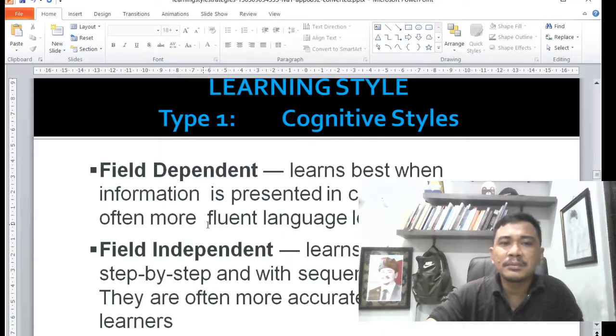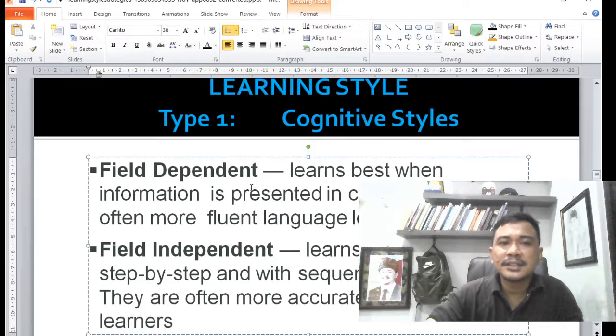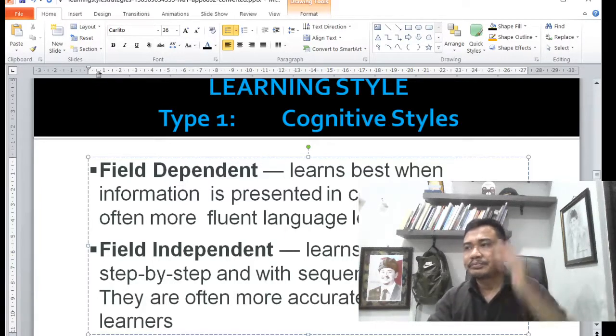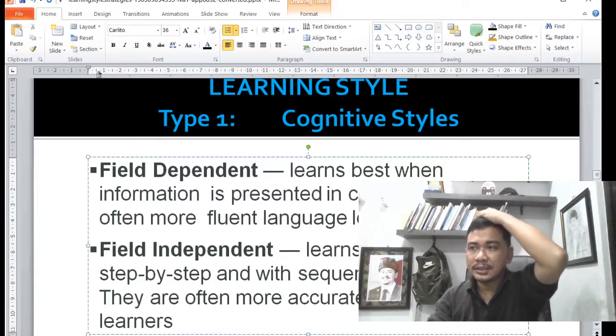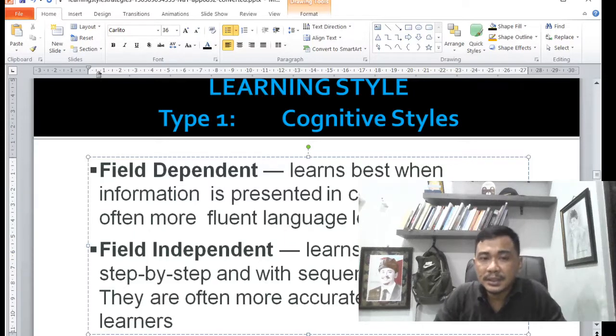They are often more fluent language learners. It's not about like or dislike, but it is easier for them to learn things based on context. So don't separate it from the context, because that is the way they learn.